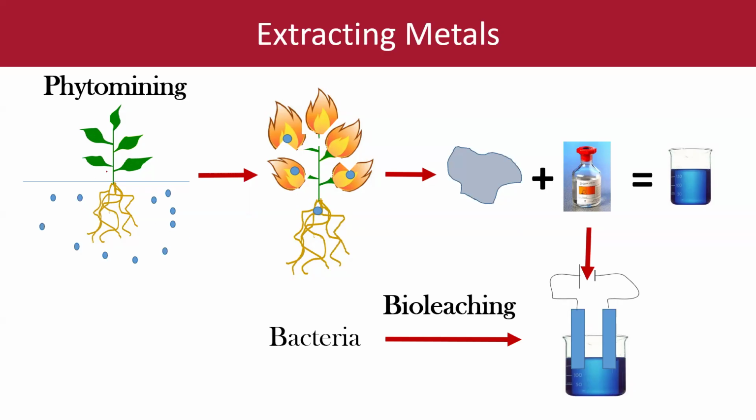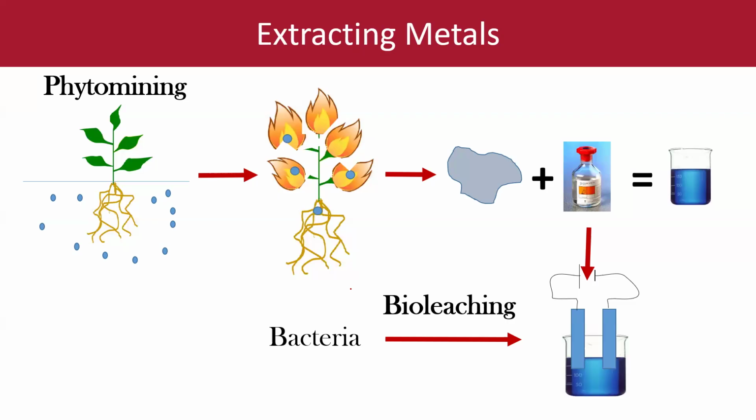Basically, with bioleaching you get a solution that is very high in a certain metal. They've developed certain bacteria that, if you put them into that solution, will absorb the metal. Then you get the bacteria out, dry them and burn them, and what you're left with is the metal.